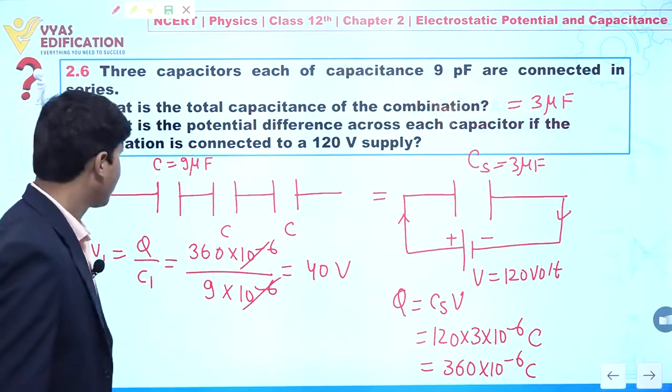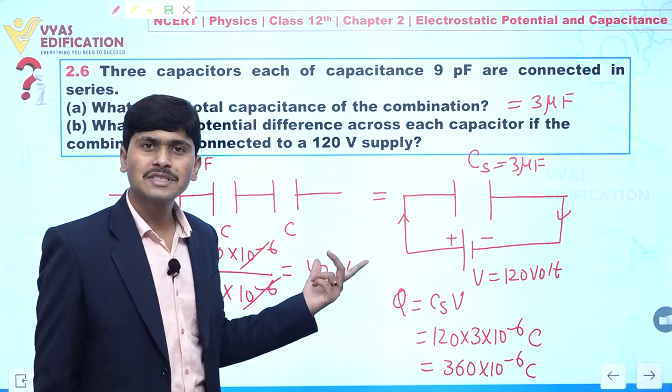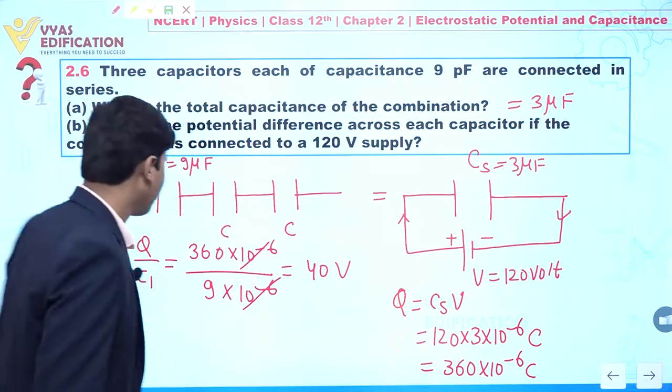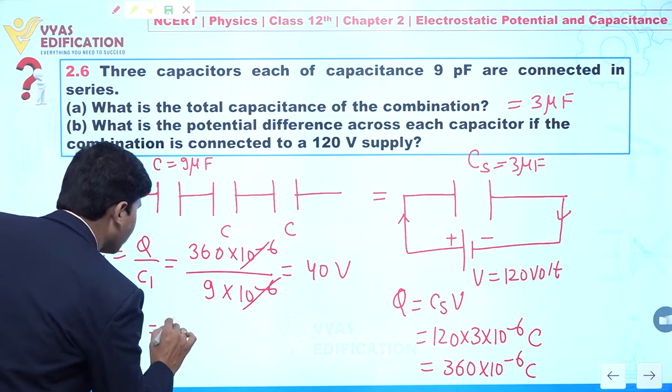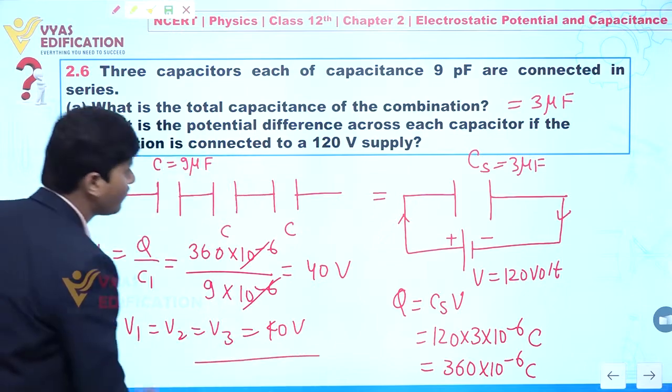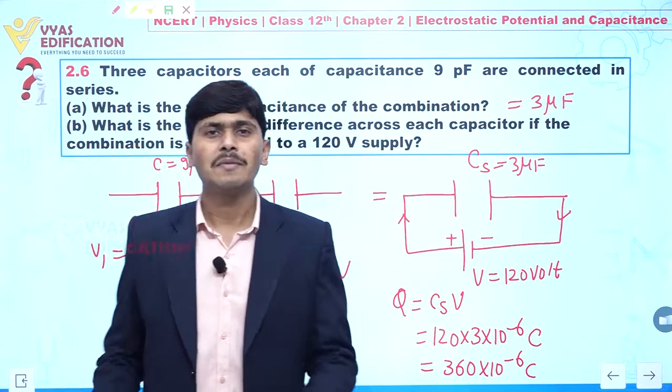Now listen carefully: each capacitor has the same capacitance and the same charge, so V1, V2, V3 remain the same, each equal to 40 volt. Clear to everyone? So this is all about this question.